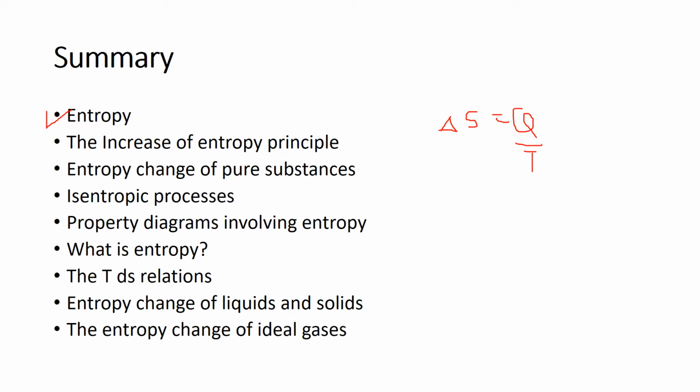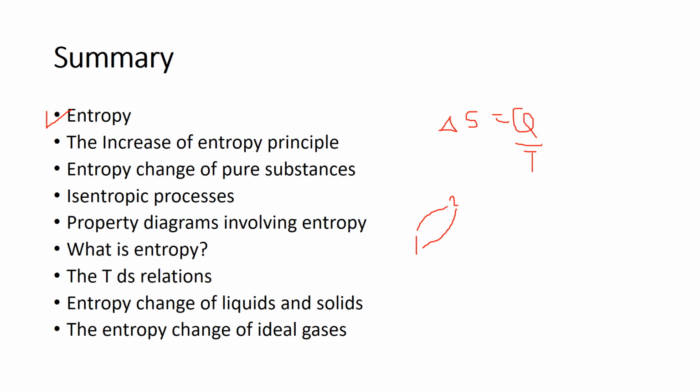Then you learned about the increase of entropy principle, where you had a process going from 1 to 2, which was reversible or irreversible, and from 2 to 1 it was internally reversible. From this principle, you came to know a new term called S generation.